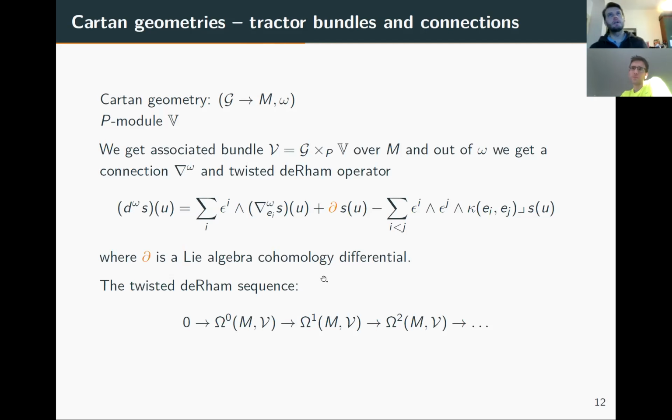So whether we have a complex or not, or maybe a subcomplex if we restrict sections to some subspaces, is all determined by curvature. In particular, if our Cartan geometry is flat, if we are in the homogeneous case or some open subset of the homogeneous case, we get a complex.